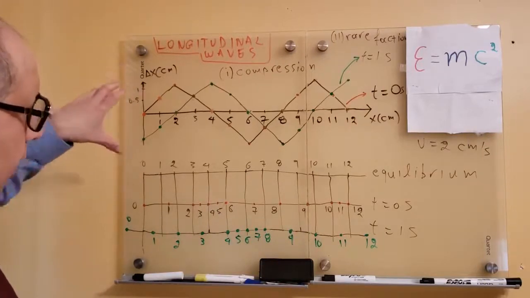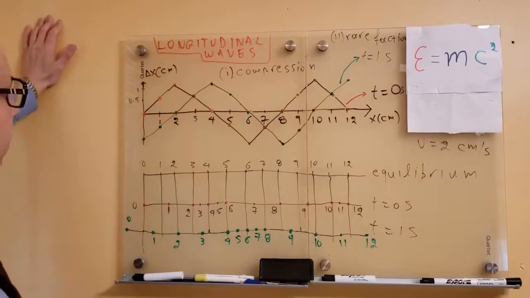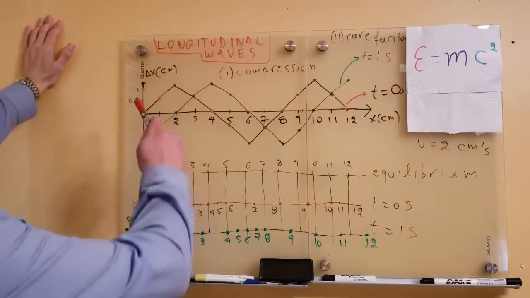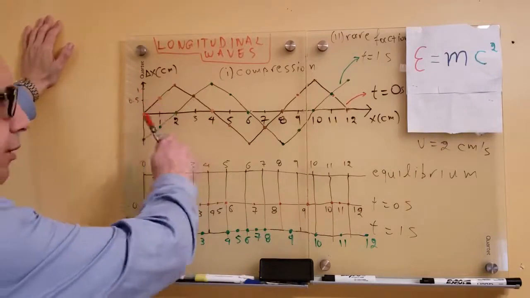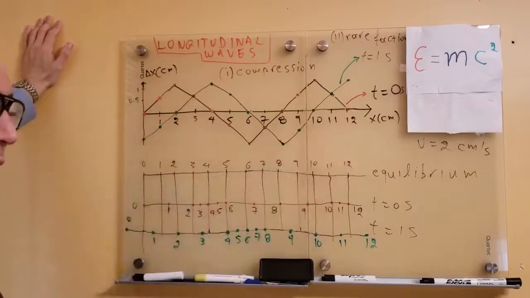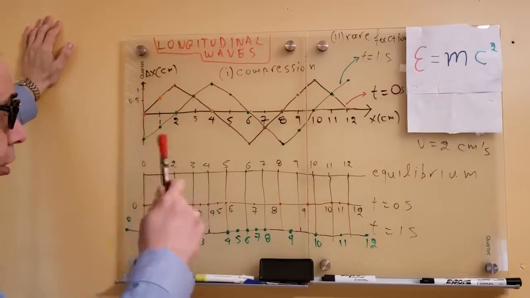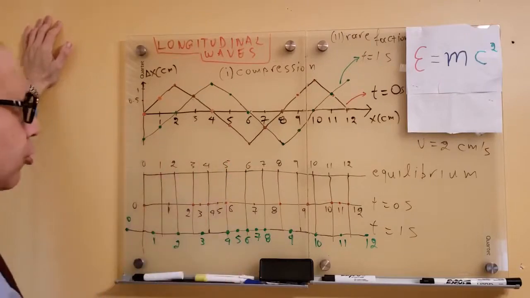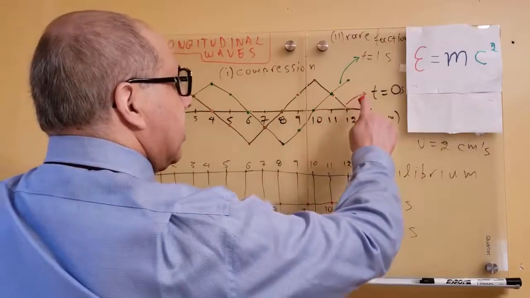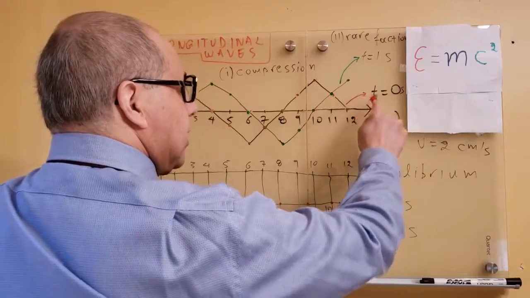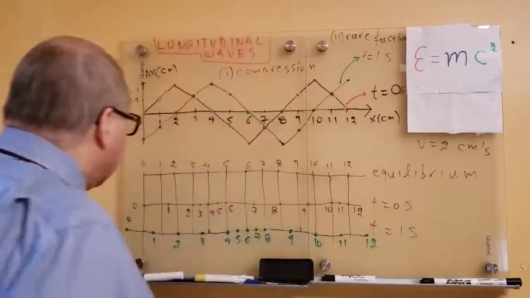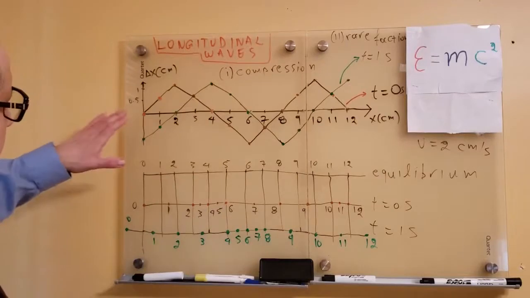On the upper figure we have a graph of displacement versus the distance that the longitudinal wave is traveling. Let's first take the snapshot at t = 0.